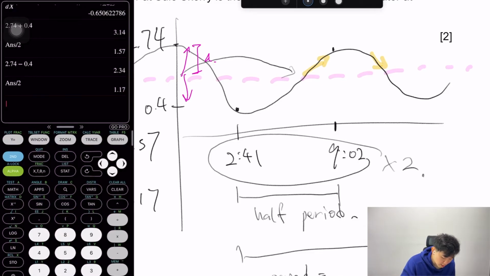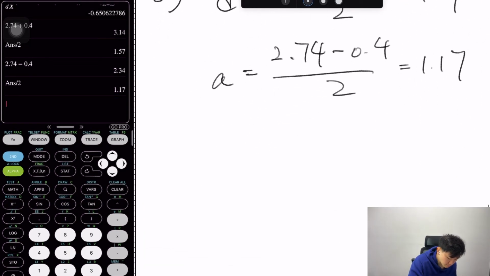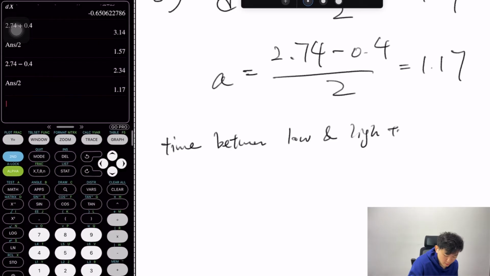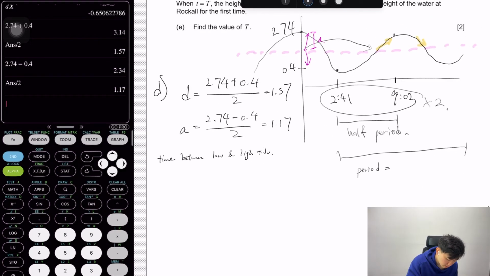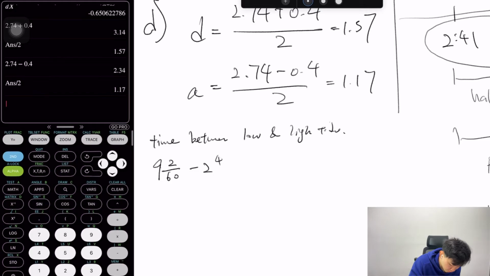So first of all, let's calculate the time between the low and high tides. It's actually 9 hours and 2/60 minutes, subtracting 2 hours and 41 over 60 minutes.